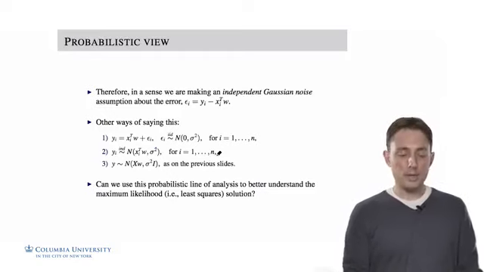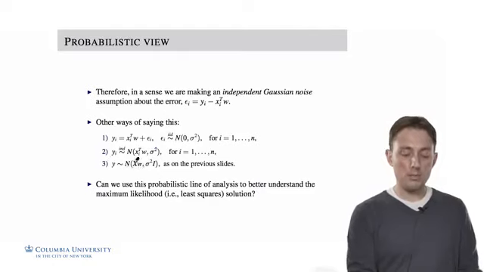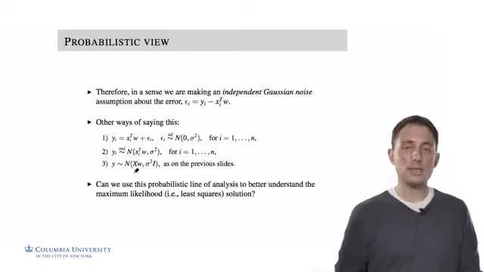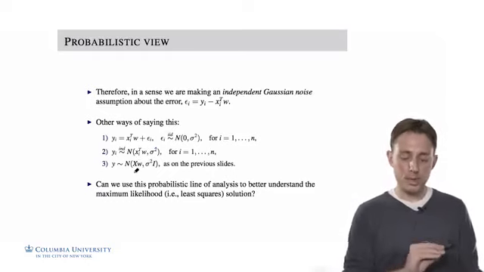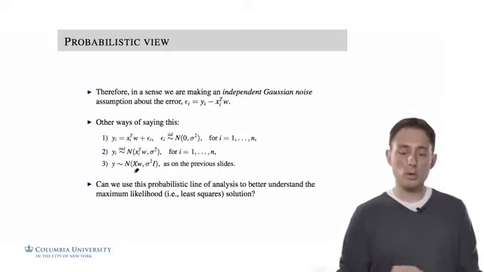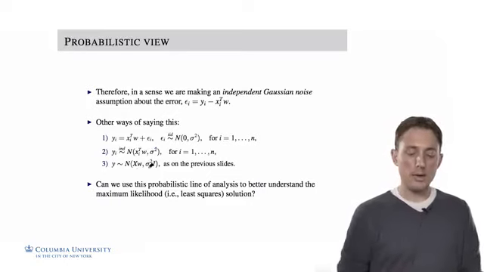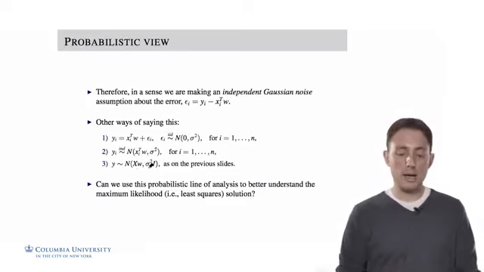Or, as on the previous slide, we can simply say that we're making an assumption that the vector y is a multivariate Gaussian with mean equal to x times W, where this x is formed by putting each observation input on the row, and covariance equal to sigma squared times I, so a diagonal covariance.